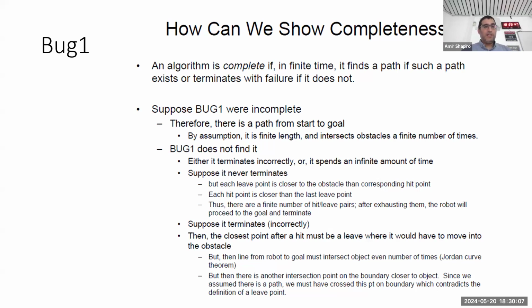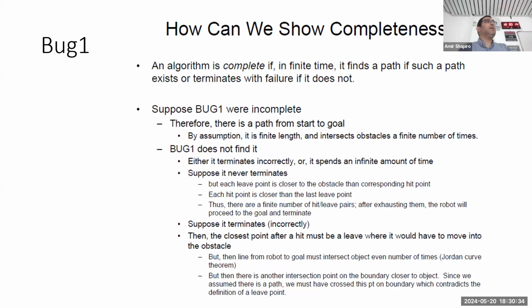Suppose it never terminates. But each leave point is closer to the target than the hit point when it hits the obstacle. So all the time it gets closer and closer to the target, and eventually it will get to the target.